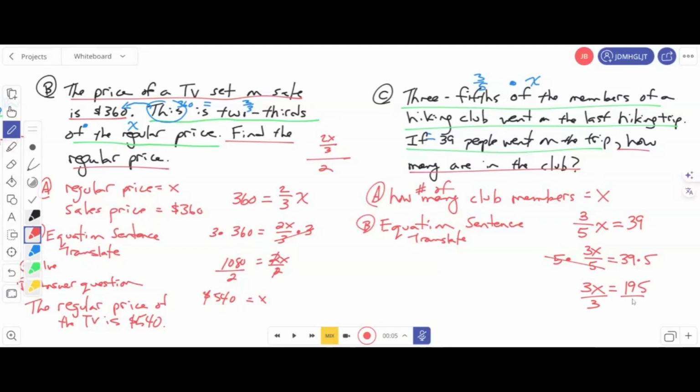Then we divide by 3, and 195 divided by 3 is 65. So there's 65 members of the club. If you took 3/5 and multiplied it by 65, you'll get 39. So there weren't 39 members in the club. It was 39 members that went on the trip, and it was 3/5 of the club that went on the trip. Again, this is an unusual circumstance, but it will pop up from time to time.